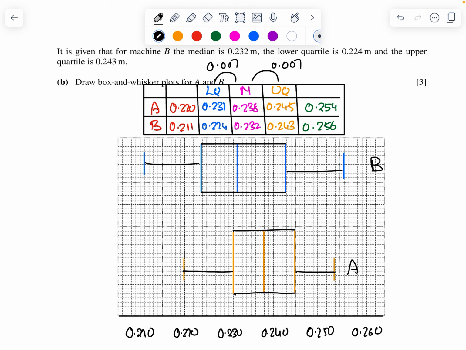It is a normal distribution. Whereas for this one, it is 0.008 and 0.011. So this is going to be positive skew and this is going to be normal distribution.